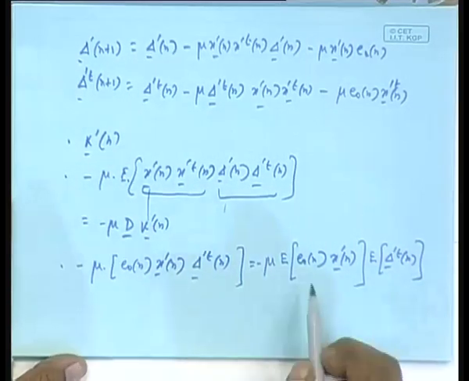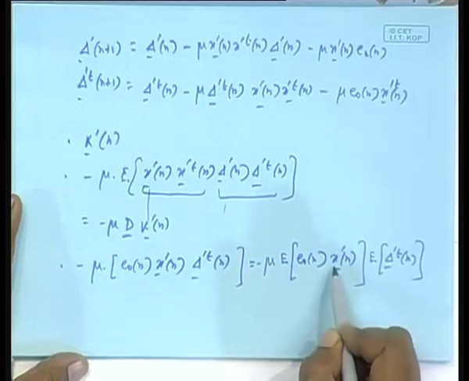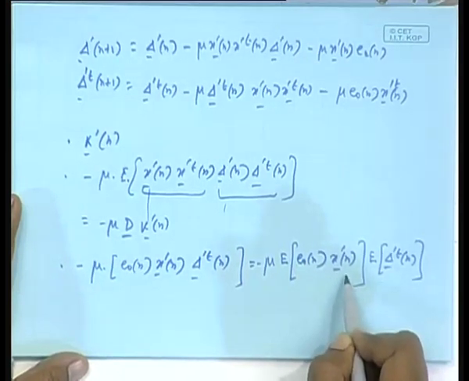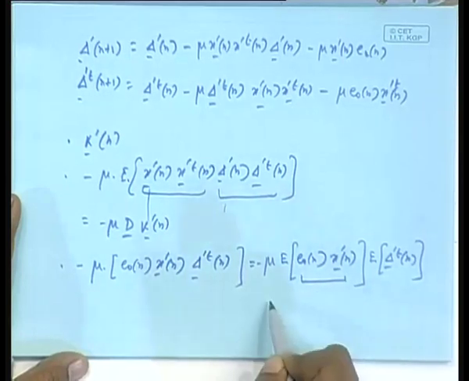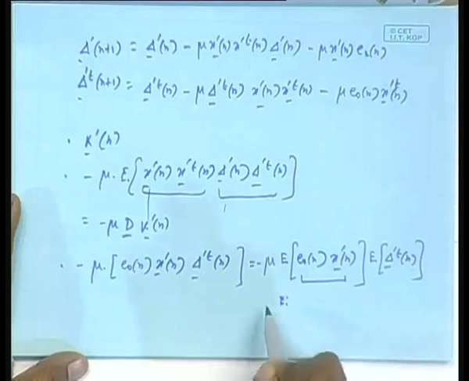Now, what is this quantity? E_o(n) is the optimal error, and x'(n) is T transpose x(n). So this quantity you can write as E, you can take T transpose out, minus mu.